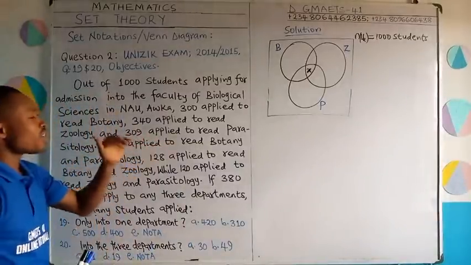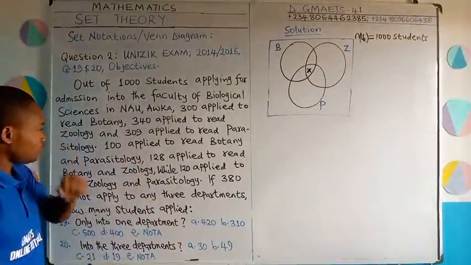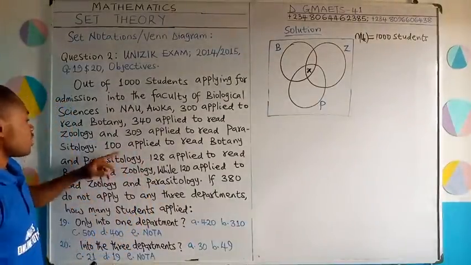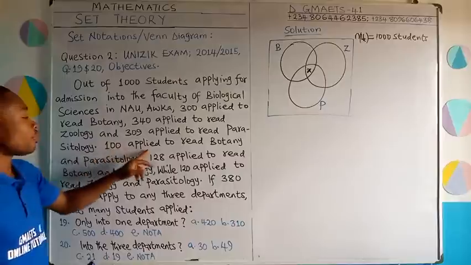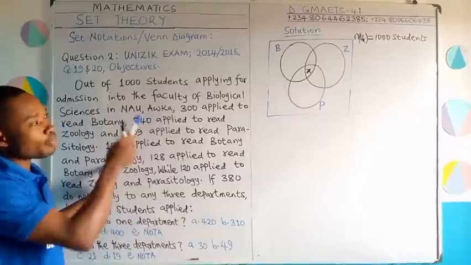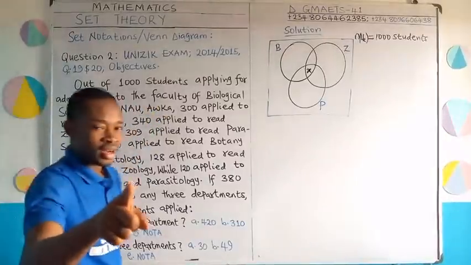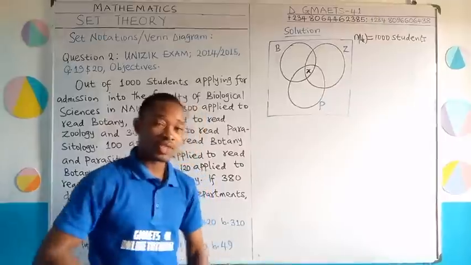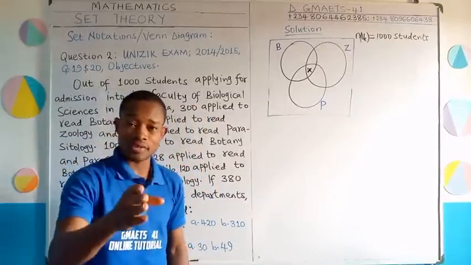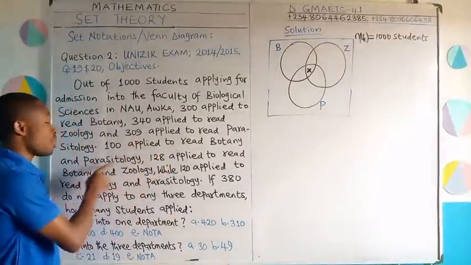All right, I'll go back to my question and search for where I have that information, the number of students applying to two departments. So let us see. We have here that 100 applied to read botany and parasitology. So I will locate botany intersection parasitology. Another important secret, take note of this secret. They are wonderful points you don't need to joke with when working with a Venn diagram. We are told that 100 applied to read botany and parasitology.